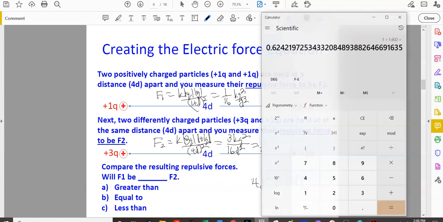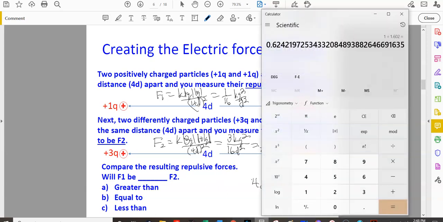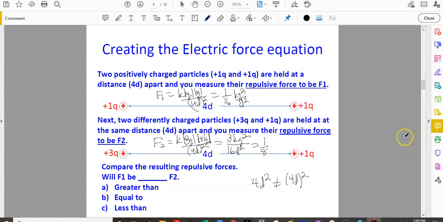Sorry, I'm having a weird moment right now. 16 divided by 3 is, geez. Let's do 3 divided by 16. That's 0.18. So you can't really reduce it. So that's just going to be 3/16 of KQ squared over D squared.